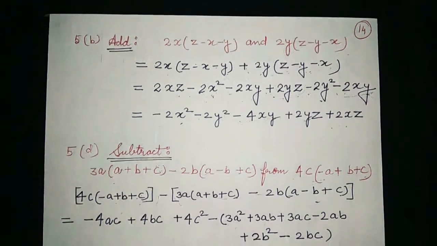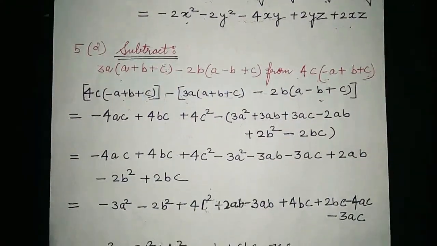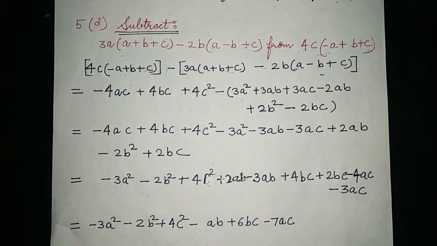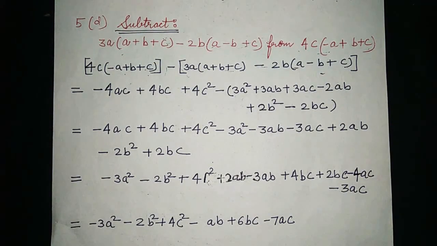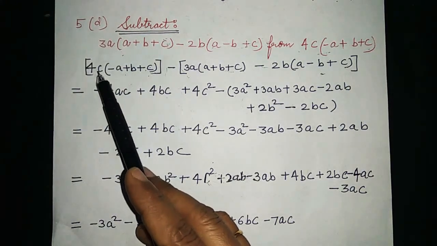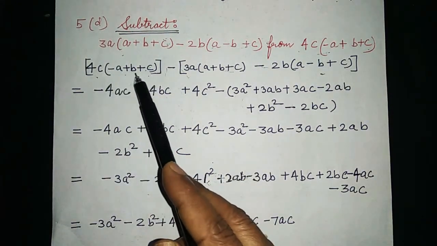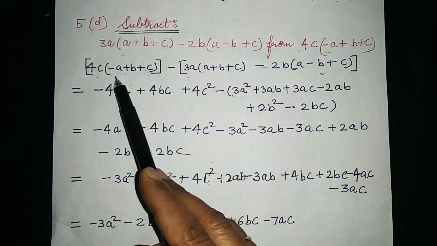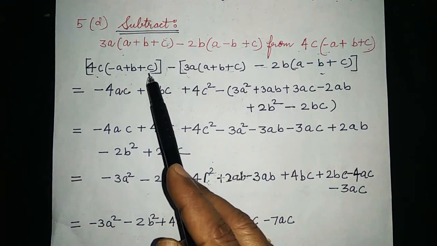After this, you see the second step. Here 4c is a monomial and minus a plus b plus c is a trinomial.